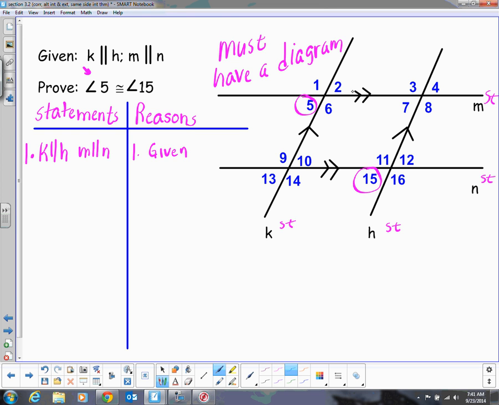So she's going to go along M, so tell me what's congruent to angle 5. Trace its sides. Okay, we're going down K Street. Okay, 5 is congruent to what? Good. 5 is congruent to 13. Why?